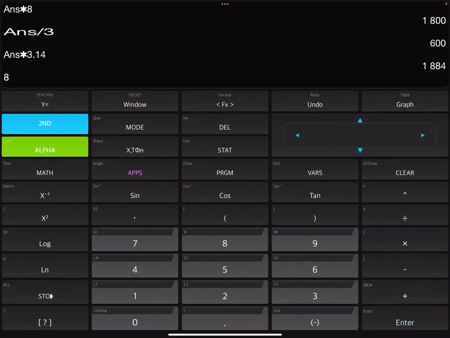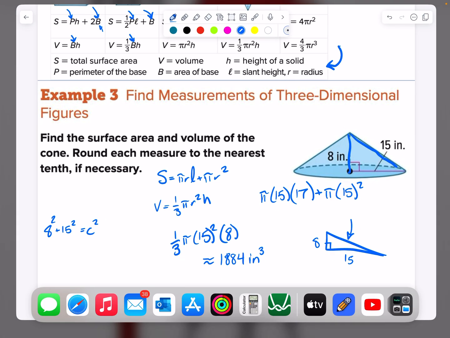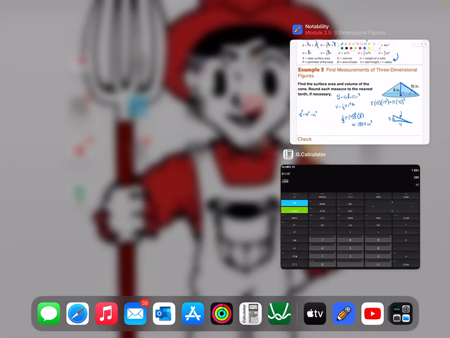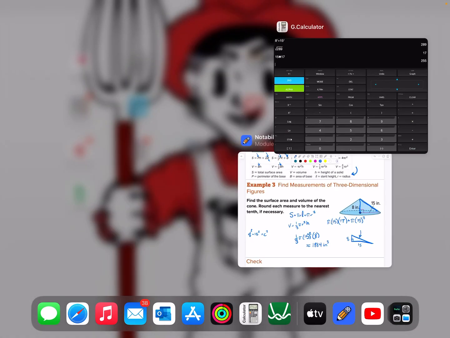And then if I take the square root of that, so second square root of 289, I believe that's a perfect square. 17, yep, perfect. So that's the number I need right there. So now I can do 15 and 17 multiplied together. 15 times 17 equals 255.